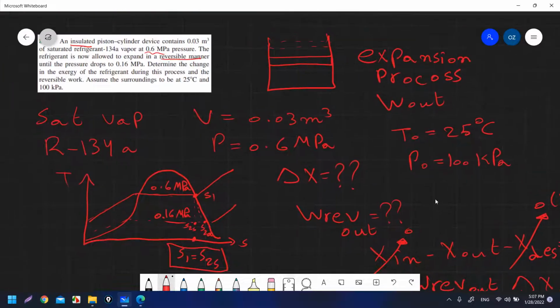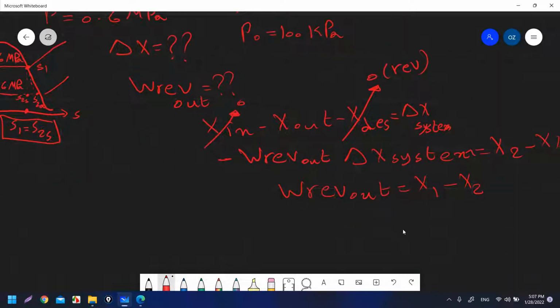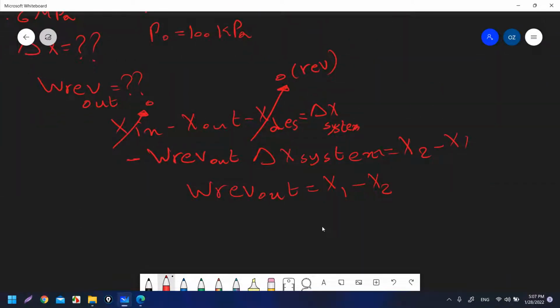The first thing he asked is to determine the change in exergy, and then the reversible work. As we can see here, they are equal. So if I find one of them, I will know the other one.